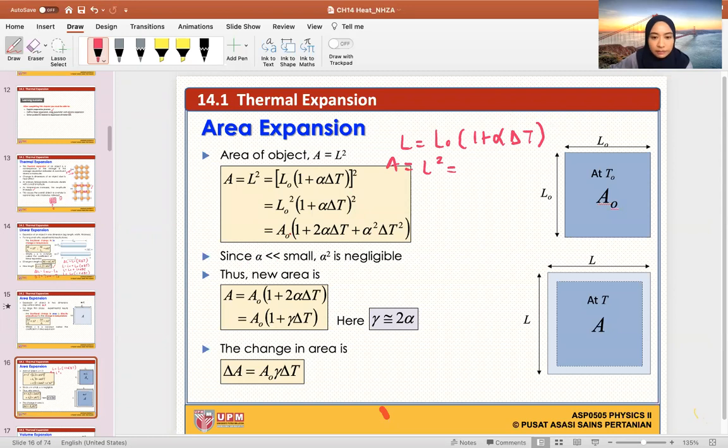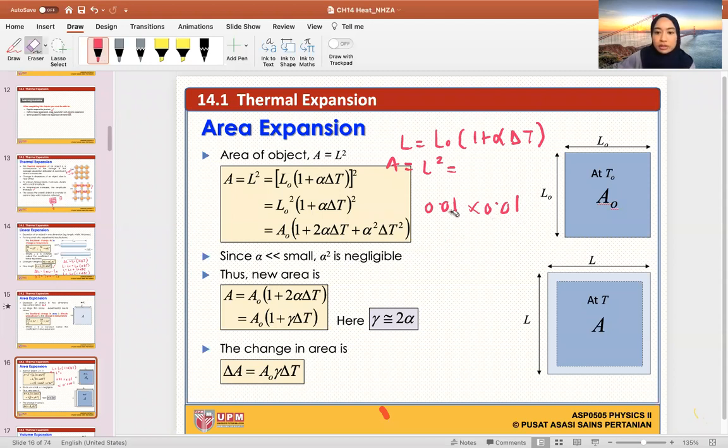Since alpha is small, when you square it, it becomes extra small, right? When you have like 0.01, for example, and you multiply it with 0.01, it becomes 0.0001. It becomes really small. So here they say, because alpha is small, when you square it, it becomes super small that you can just ignore it.